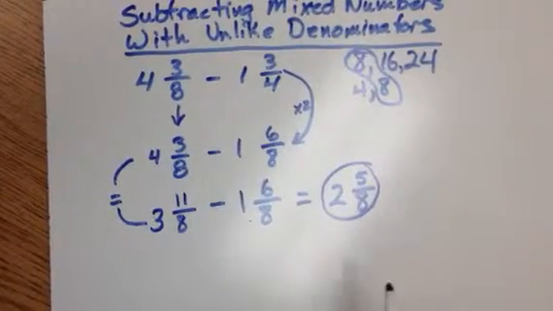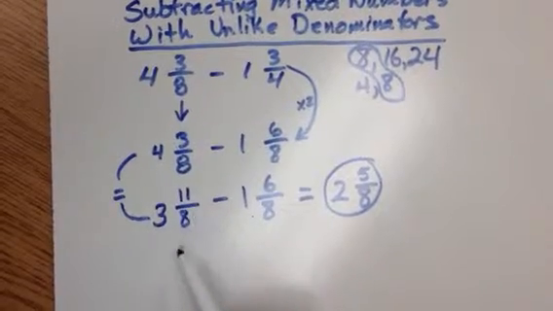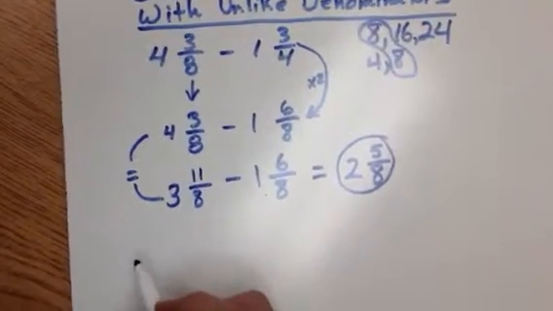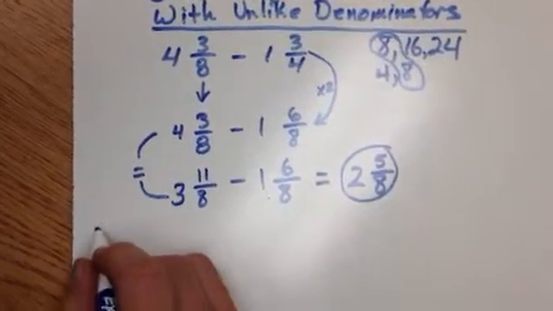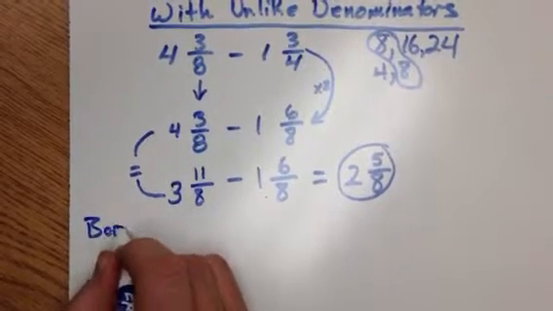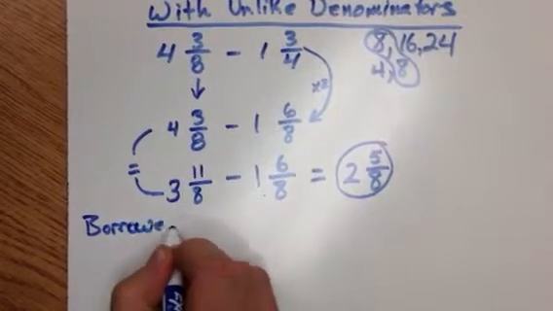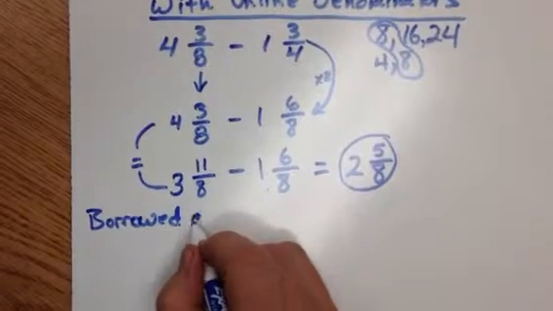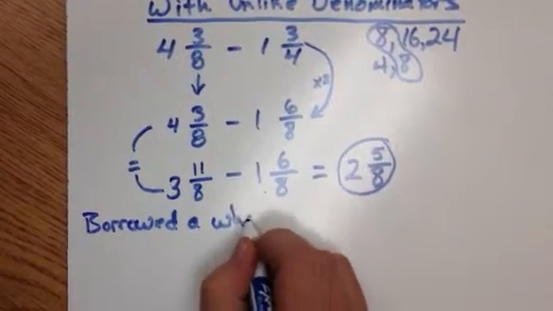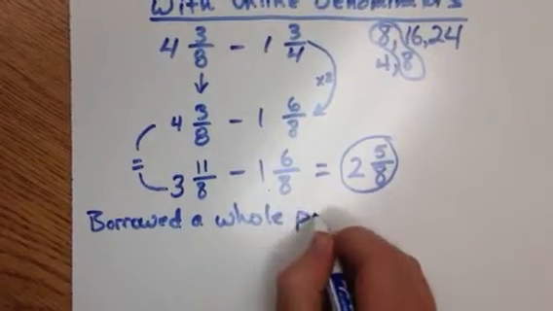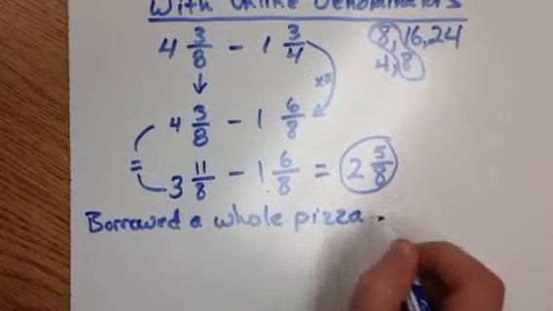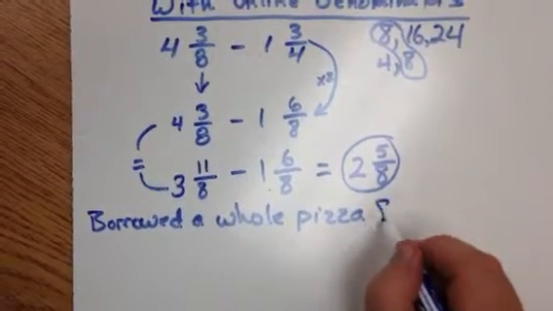So just to kind of recap what we did here, where we borrowed, I'll just write it out exactly what we did. Okay, we borrowed a whole pizza from the whole number.